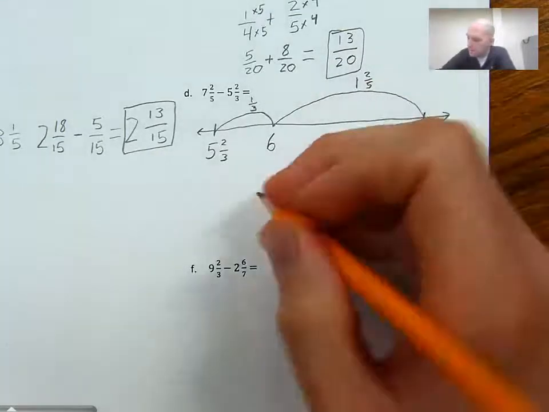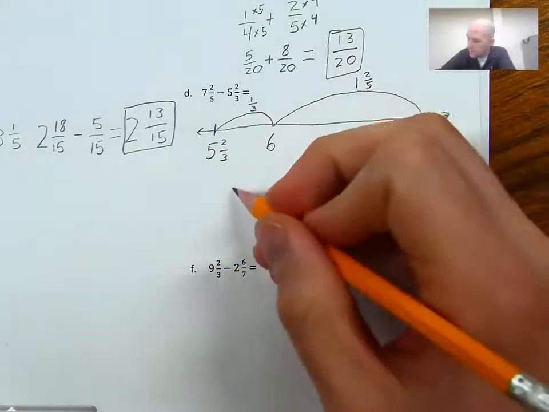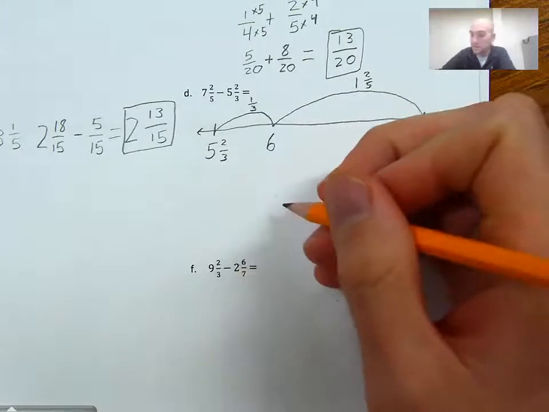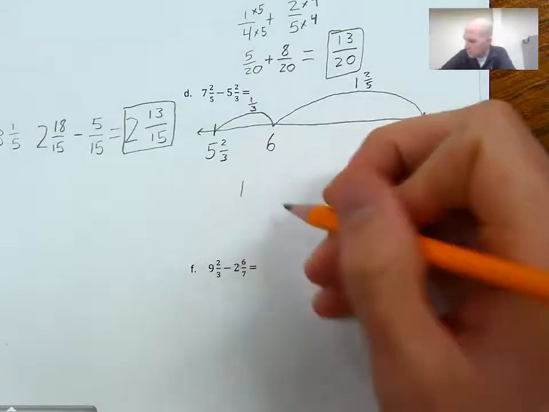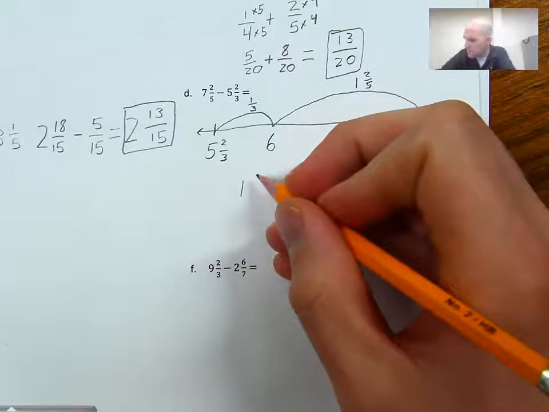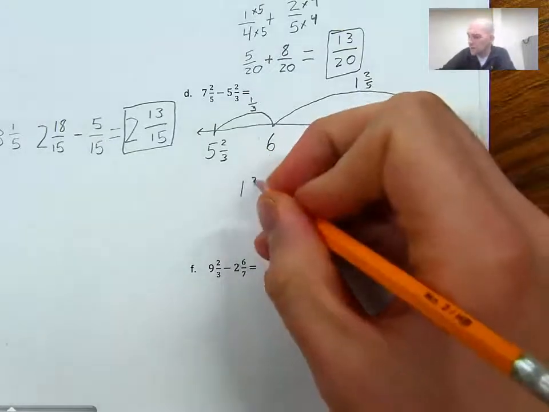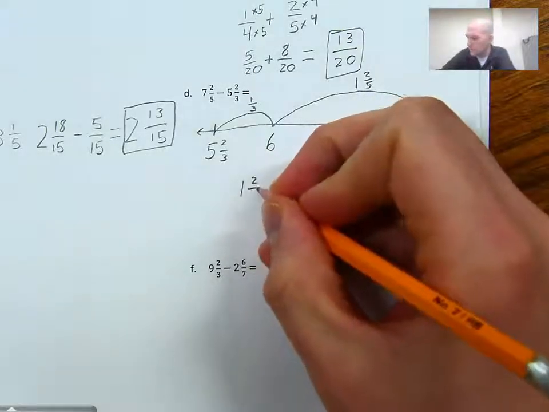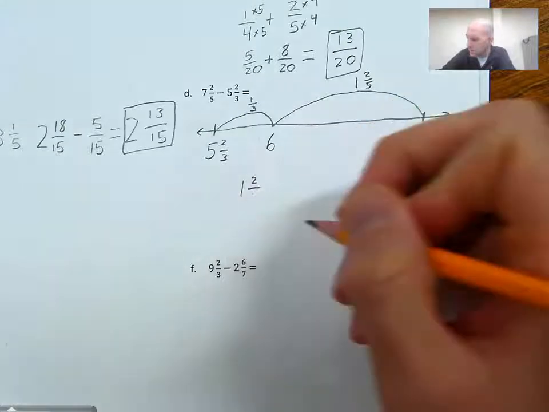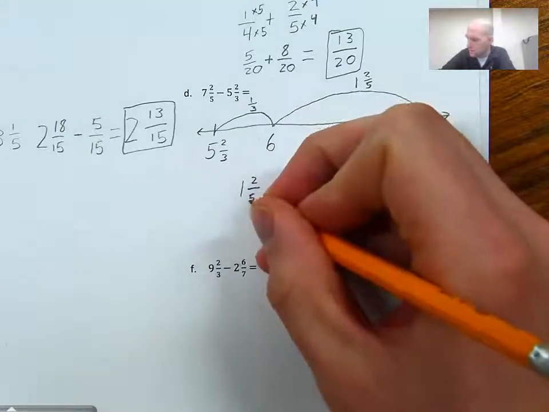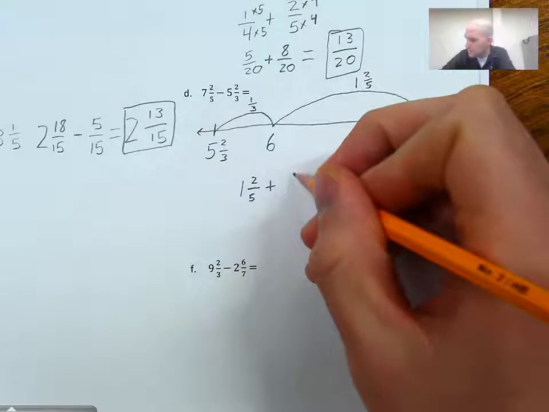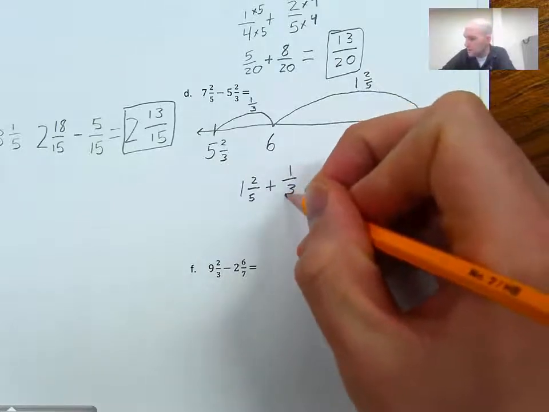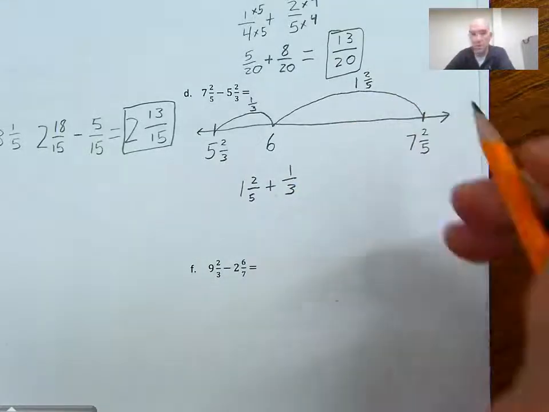So now I have, and I can do this in any order because I'm adding. So I'm going to start with my large number. You could add 1/3 plus 1 2/5. I'm just going to do 1 2/5 plus 1/3, so my fractions are closer to each other, make it look a little bit neater to make it easier to see. I have 1 2/5 plus 1/3.